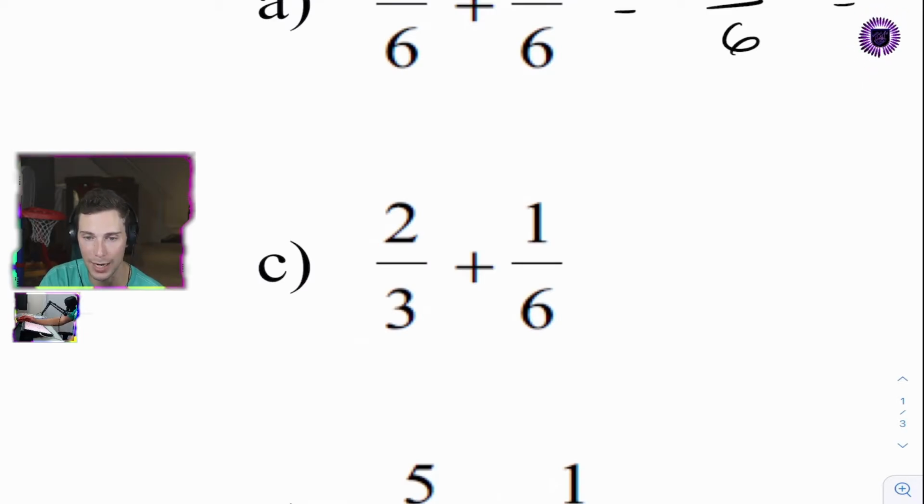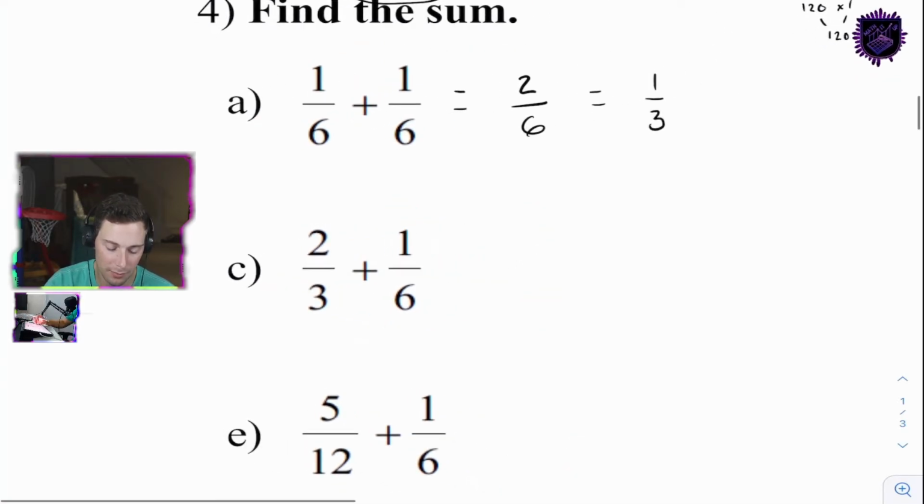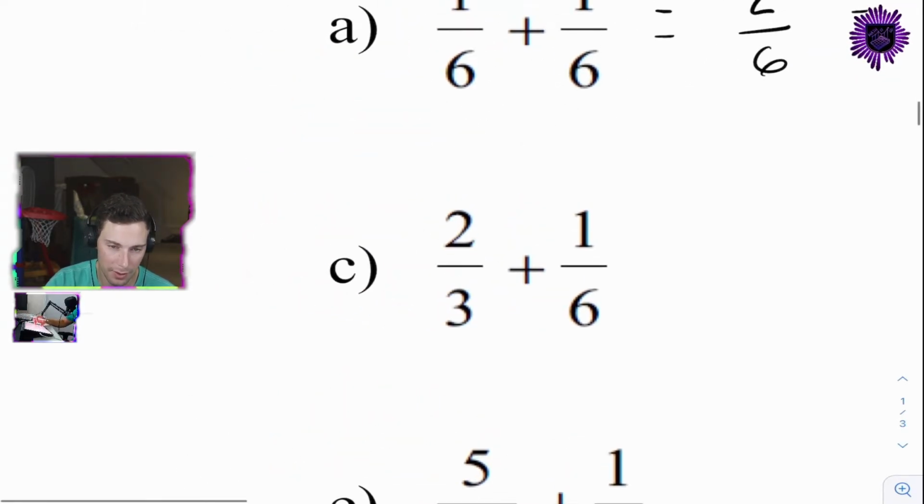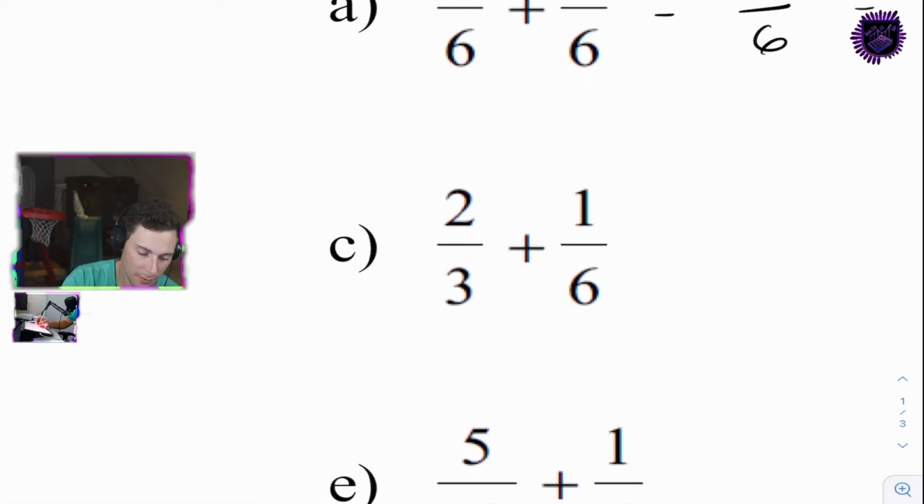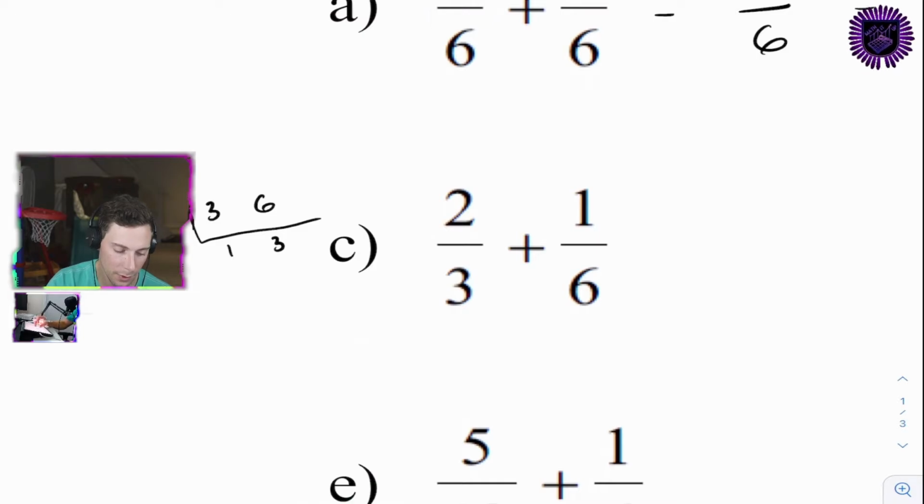So we're going to rewrite this number. We could go through the steps of finding those. So you take 3 and 6 and do the ladder method, and 3, 1, 2. And then find the lowest common multiple.